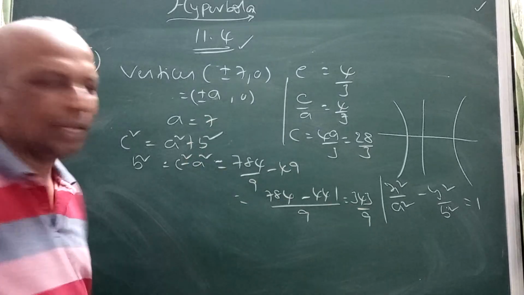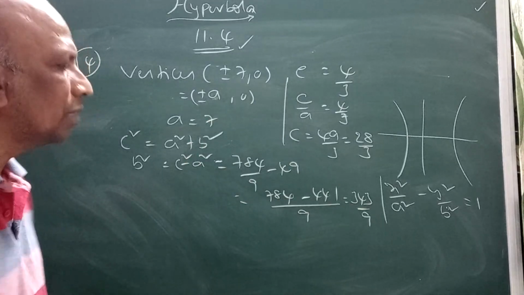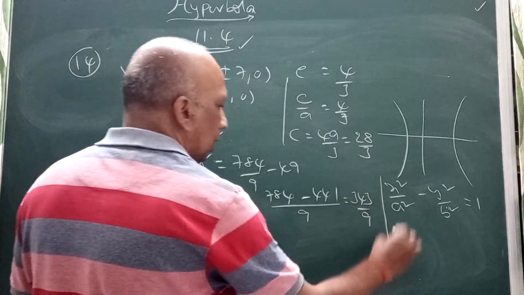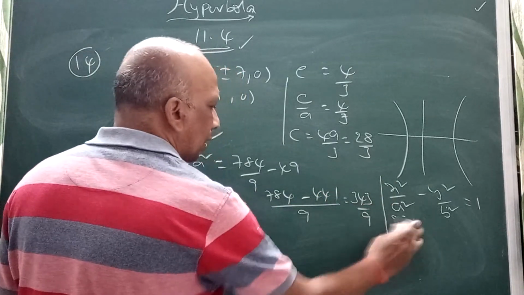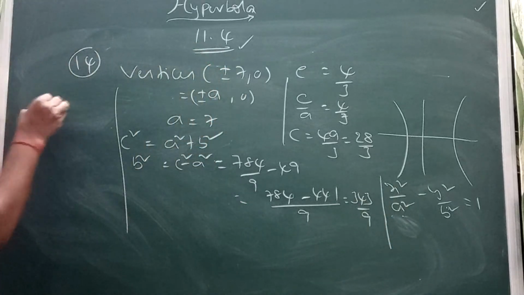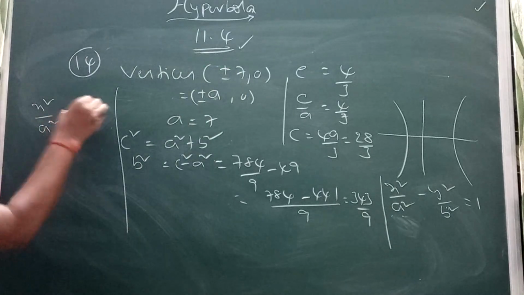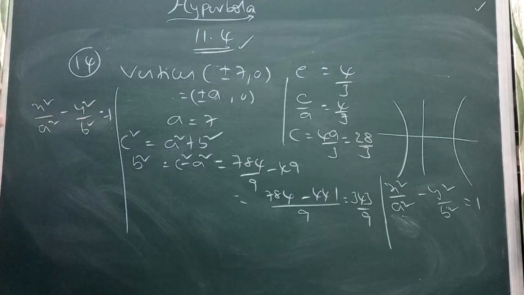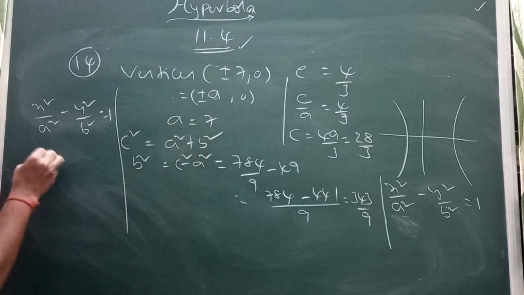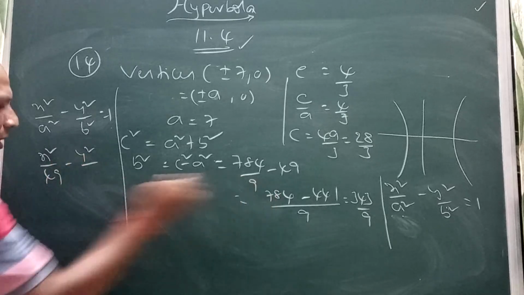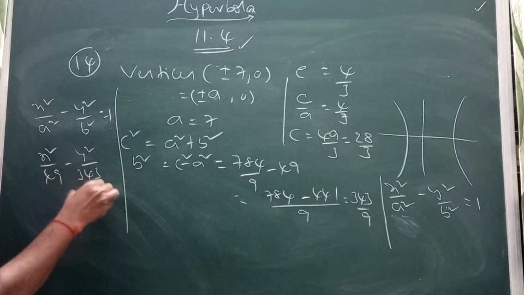A square is 49. Therefore, the equation of the required hyperbola, I can write here, is x square by a square minus y square by b square is equal to 1, right? I can replace a square here, x square by 49, and y square by b square, which is 343 by 9.